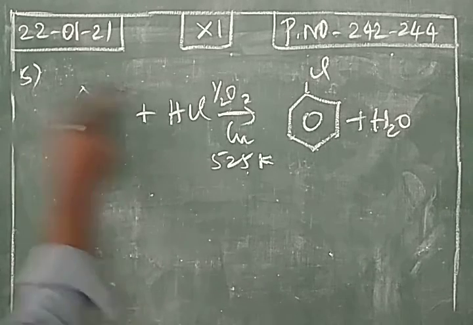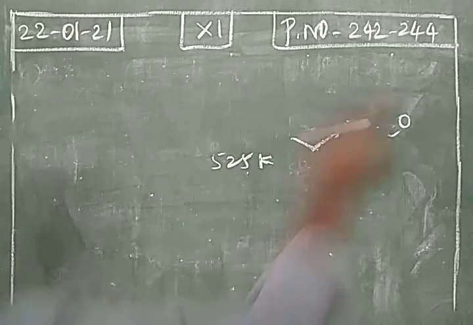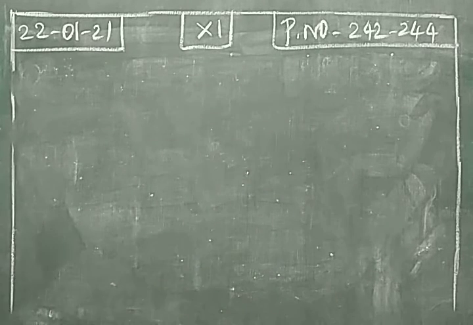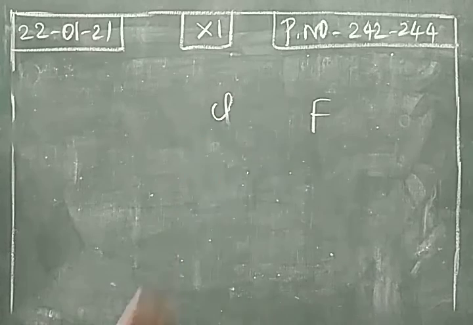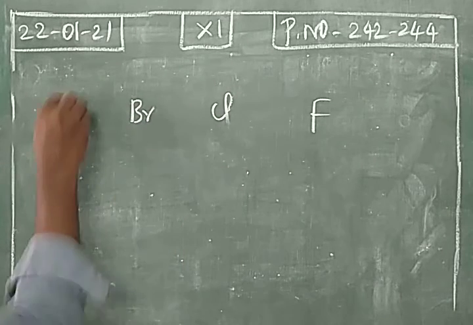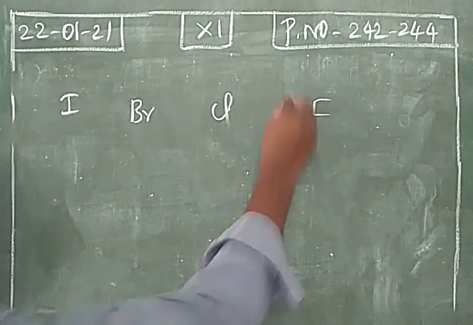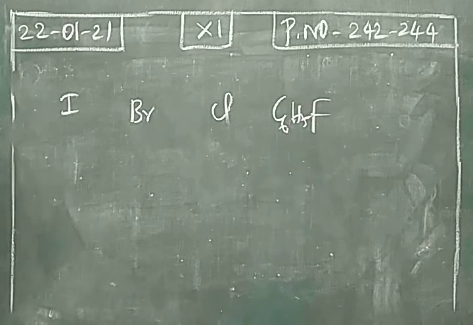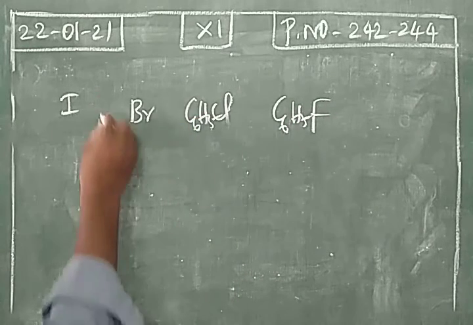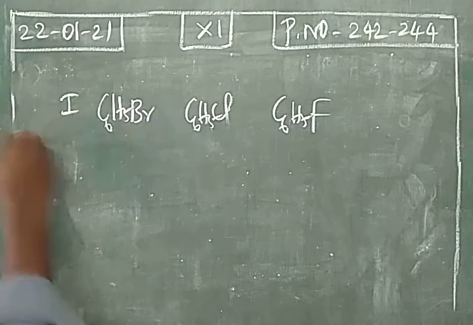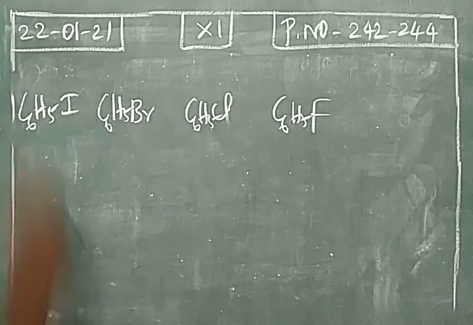Next, physical properties of haloarenes. So we have 4 halogen atoms: fluorine, chlorine, bromine and iodine. So this is fluorobenzene, chlorobenzene, bromobenzene, iodobenzene.